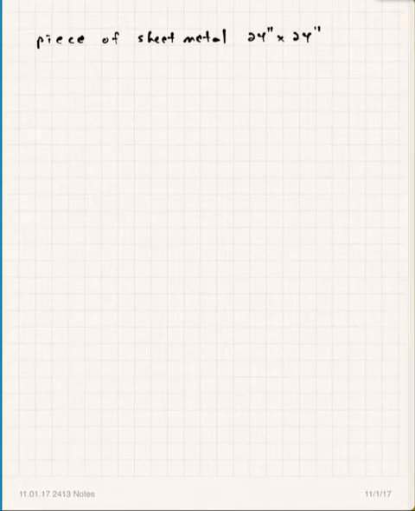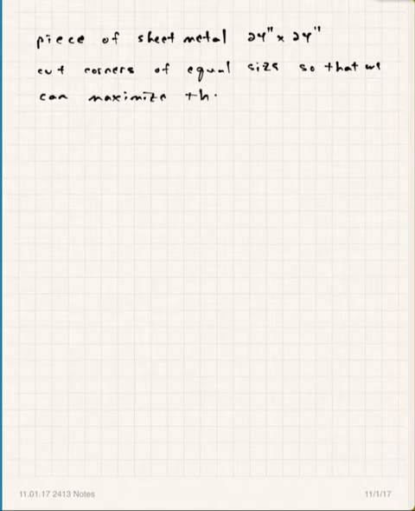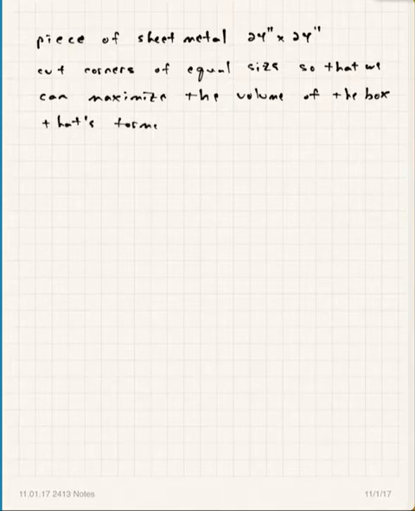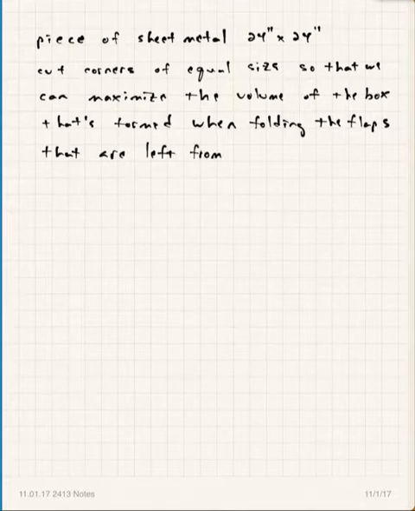All right. What we want to do is we want to cut corners of equal size so that we can maximize the volume of the box that's formed when folding the flaps that are left from the resulting piece of metal.